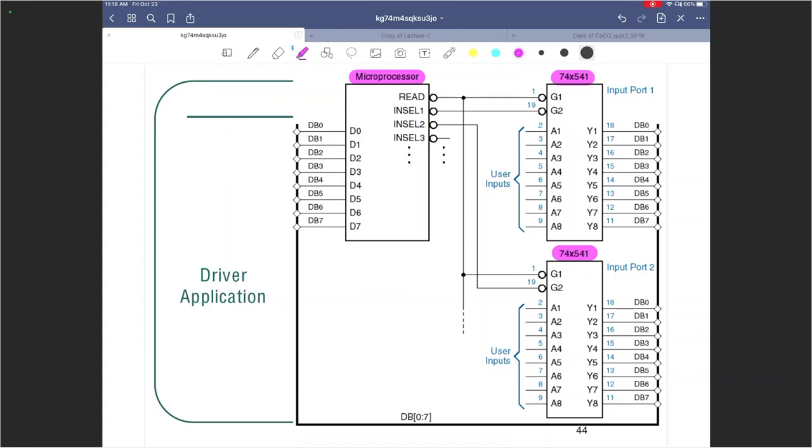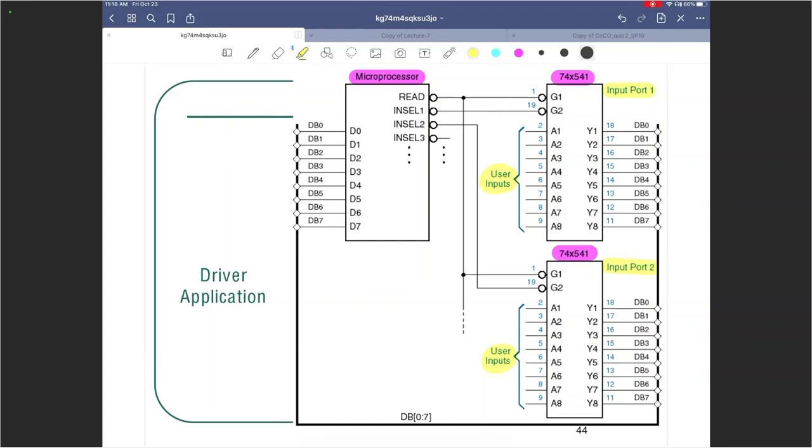There are also other things in this. There are 2 input ports, input port 1 and input port 2, and this could be any port that you can have connected to a computer. User inputs are over here for both the chips.